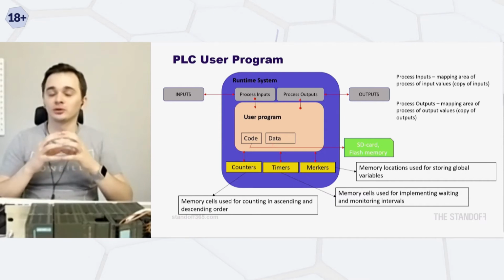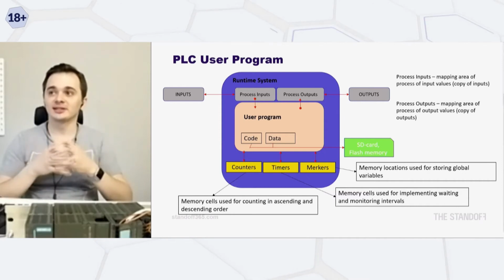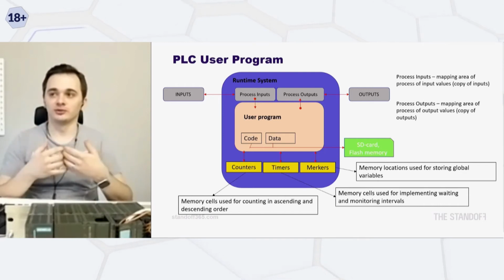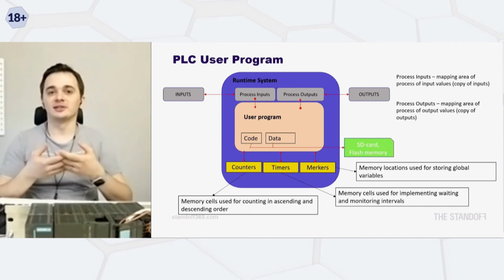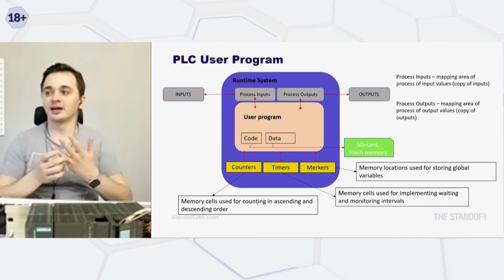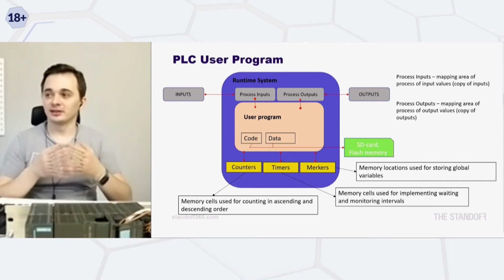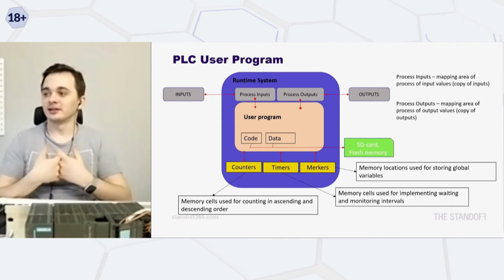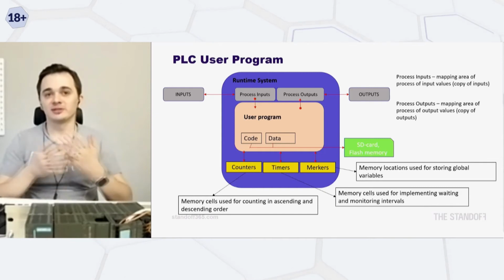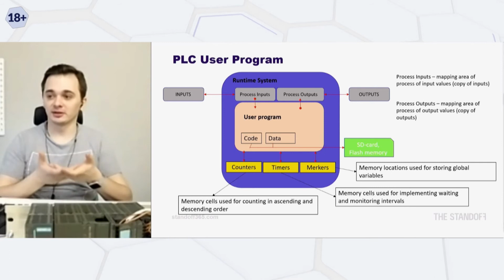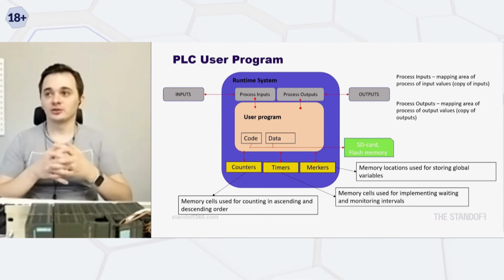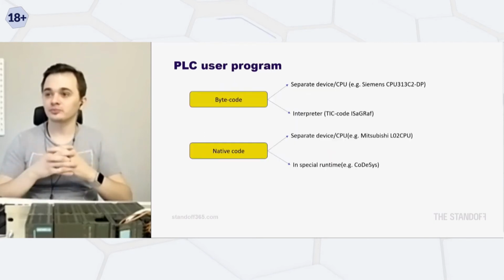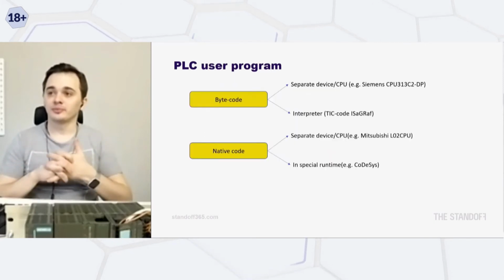Then we have the user program that makes use of the runtime system. It can use different functions of runtime. And in runtime, there are different counters and timers and the so-called markers. They are memory locations used for storing global variables. All of this can be provided by the runtime system.